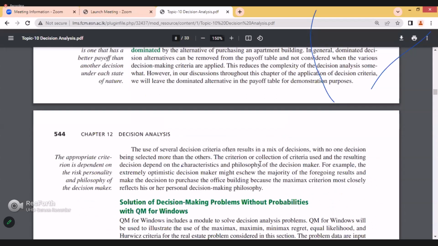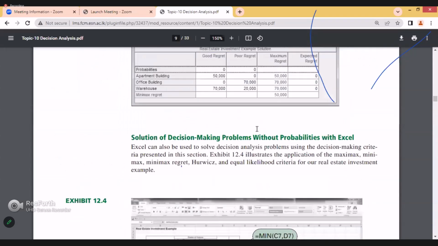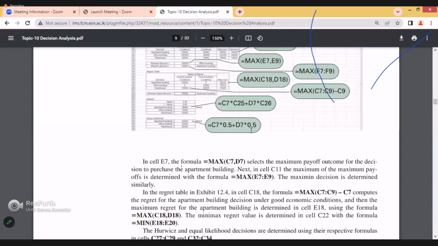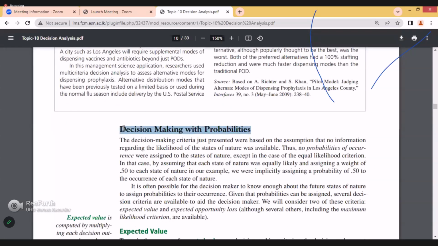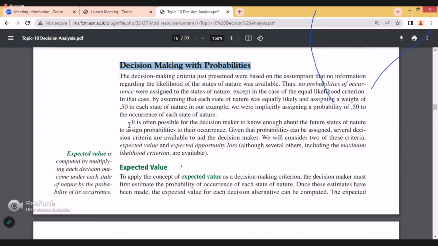Okay. Then the next section is about making decisions with probabilities. For each and every value, we have judged the chance of occurrence, the possibility of occurrence. Therefore, by multiplying the probability values, we can generate the expected value. Here they use a technical term called expected value.